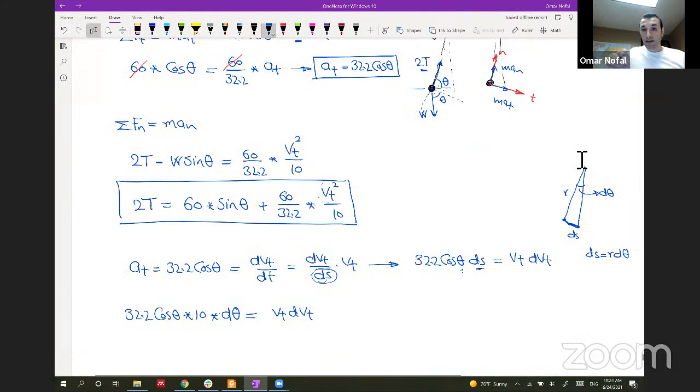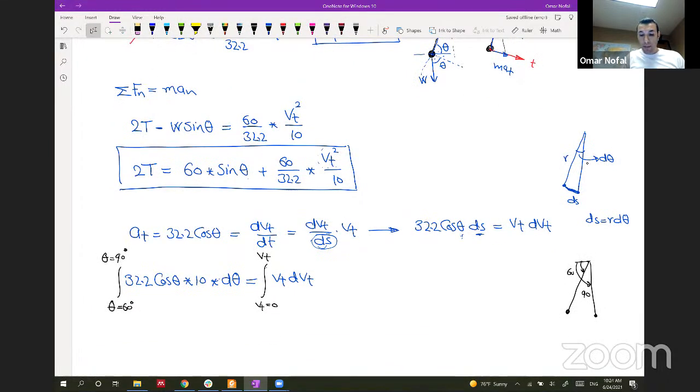So let's integrate this from theta equals 60 degree to theta equal 90 degree. Because what is required here is that the swing starts here at theta equals 60, and we need to find the tension when it's vertical at theta equal 90. So this is the start and this is the end, and the VT starts at rest from 0, and we want to find the VT at the vertical location.